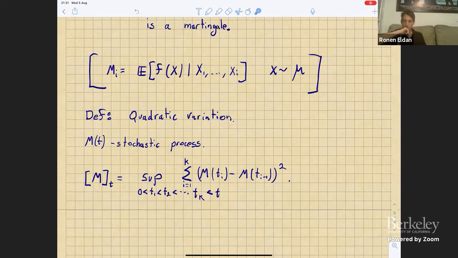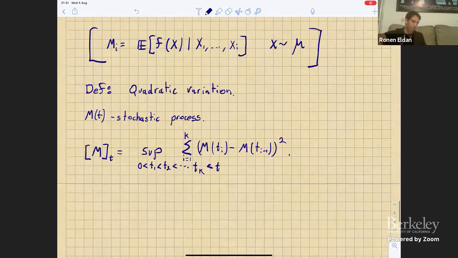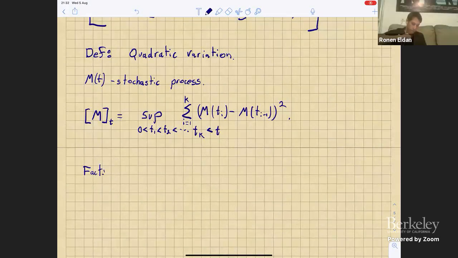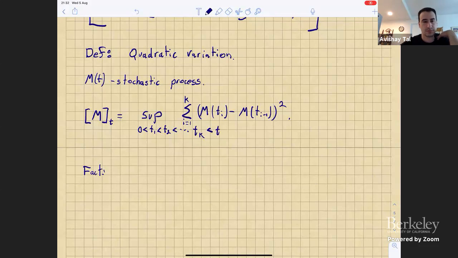Okay, so this is called quadratic variation, and T0 is 0 and Tk is T maybe? Yeah, T0 is 0 and Tk can be equal to T if you want. Doesn't matter, equal or smaller or equal.